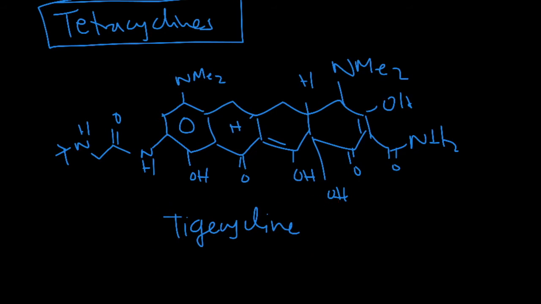I wanted to highlight that you can figure out it's a tetracycline because it has 4 cyclic rings over here. So tetra meaning 4, cyclines meaning cyclic rings. So look for 4 cyclic rings and you get a tetracycline. Easy to remember, hopefully.